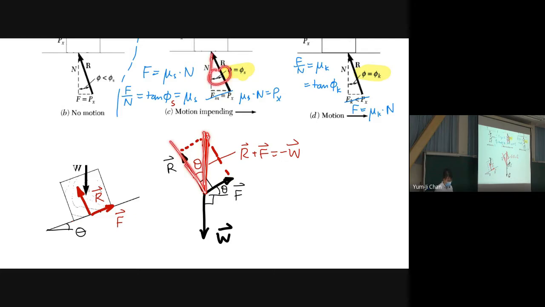The angle between the reaction force and the resultant. These two are the same thing, and we will compare them on first day.